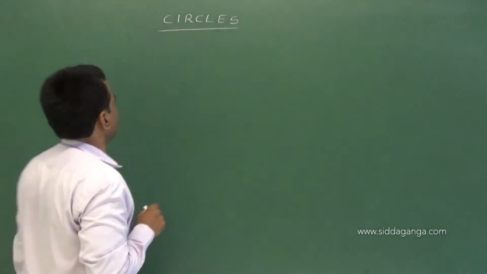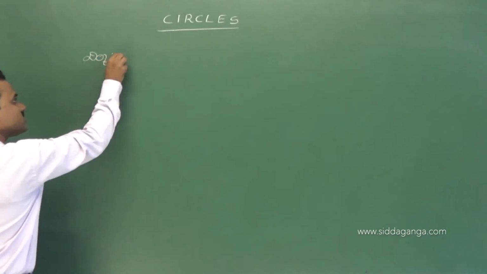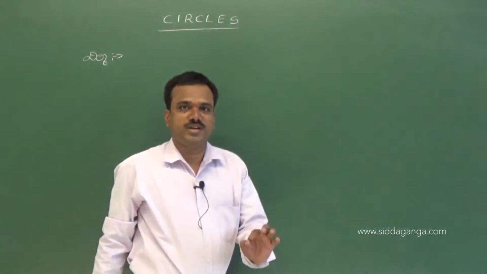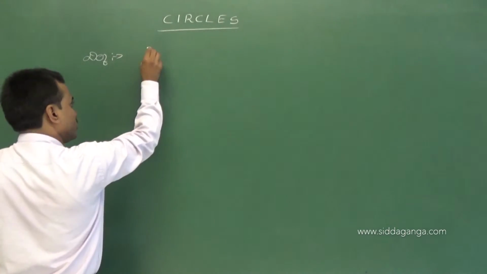Okay, the first concept is the definition of the circle. Circle means what? For that I write the circle definition, what you already know.